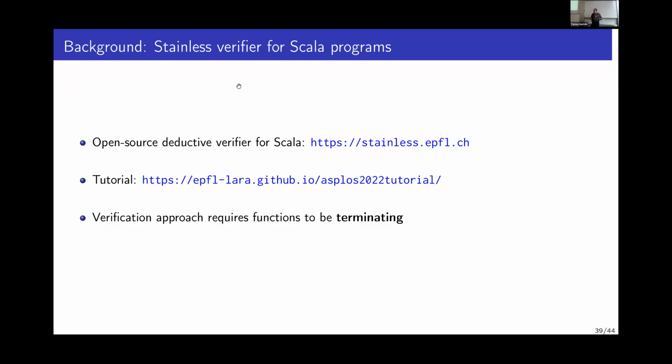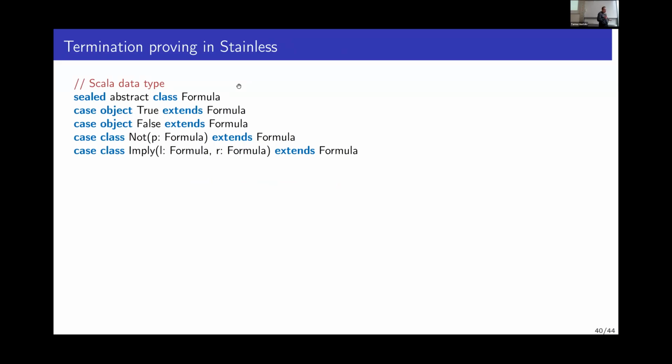Similar to other verification environments, the verification approach requires functions to be terminating, and of course, provably so. So in Scala, we might have a slightly simplified student example for a data type of formulas, which have true and false as constructors, not of a formula can be a formula, and imply of two formula arguments can be a formula.